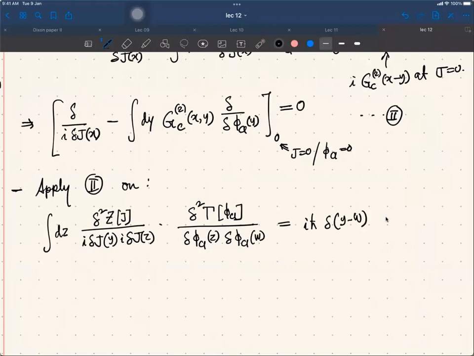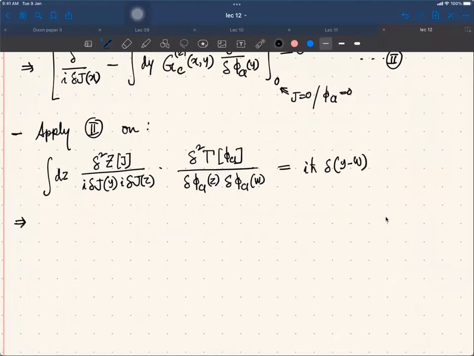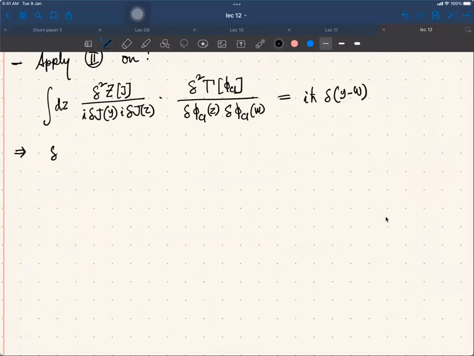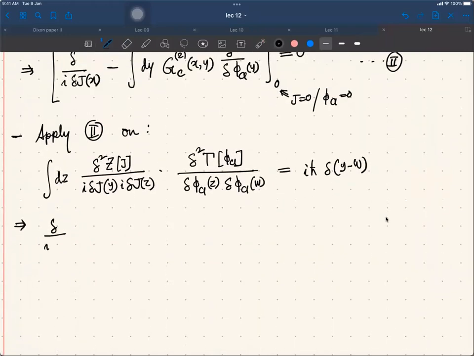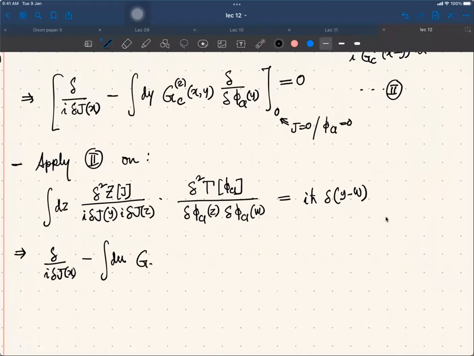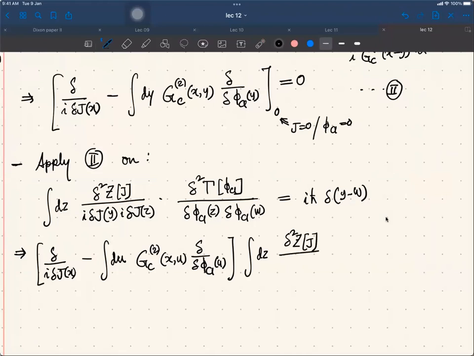Okay, if you apply this, you would get del I jx minus integral, let me write du gc2 x comma u del phi cl u. This applied on dz del 2 zj I del J.